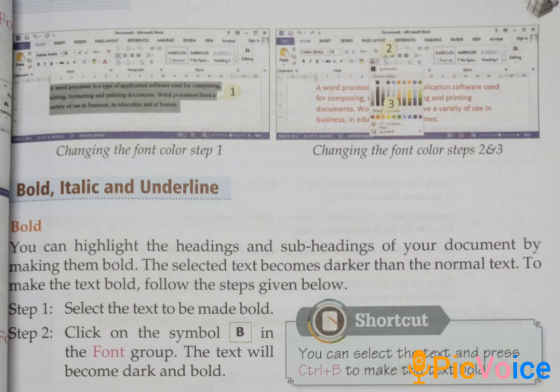To make the text bold, follow the steps given below. Step 1. Select the text to be made bold. Step 2. Click on the symbol B in the font group. The text will become dark and bold.